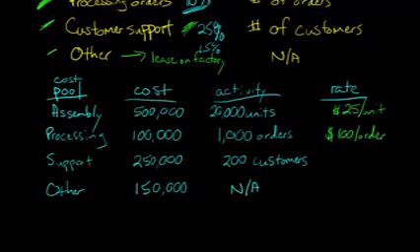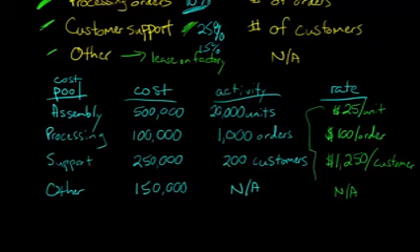Now we take the $250,000 support costs, divide it by the 200 customers that we're expecting to have, and that's going to give $1,250 in cost per customer. And again, we don't have a rate for other because we're not even going to consider that with our ABC system. So what we really got here is 3 rates, right?